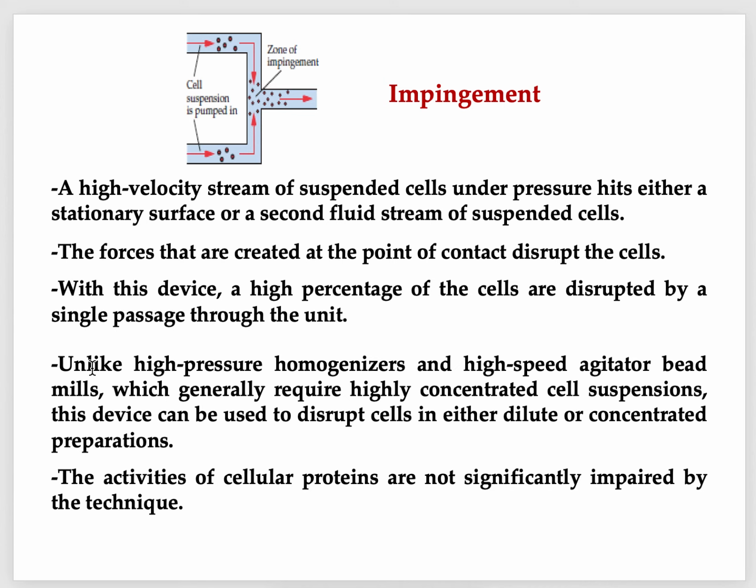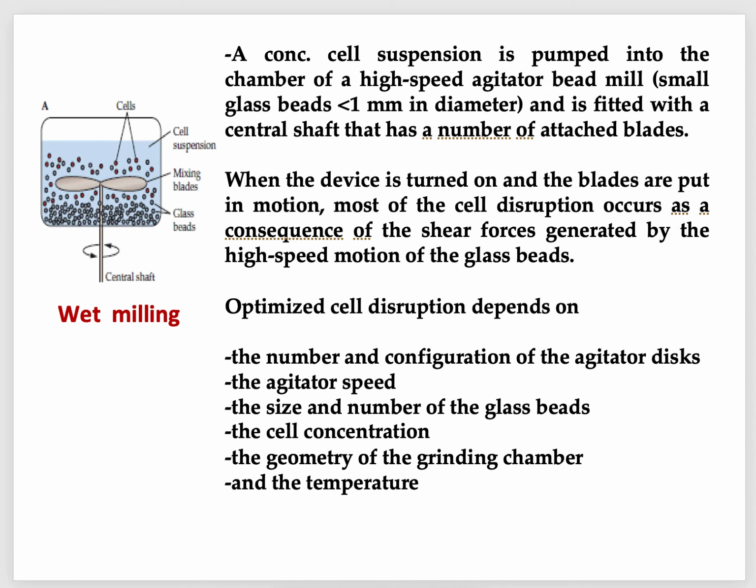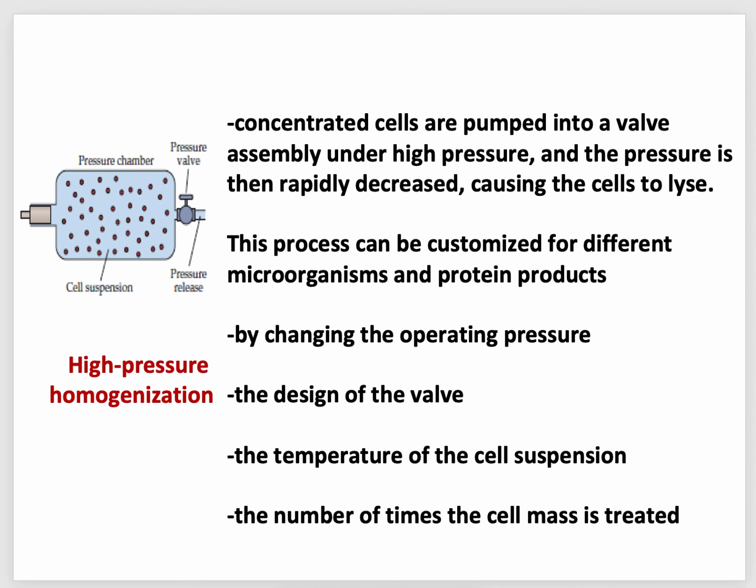Unlike high pressure homogenizers and high speed agitator bead mills, which generally require highly concentrated cell suspensions, this device can be used to disrupt cells in either dilute or concentrated preparations. I mean, for wet milling and high pressure homogenization, we need to use highly concentrated cells.